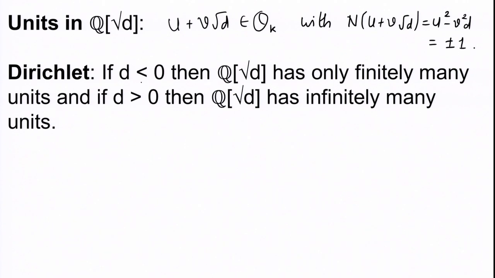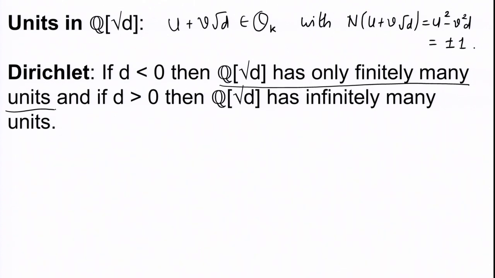You are looking at the ring of algebraic integers in that field, and there we describe the units. That is the theorem of Dirichlet, but when applied to this specific case, it gives a simpler description: whenever your d is negative, then there are only finitely many units.